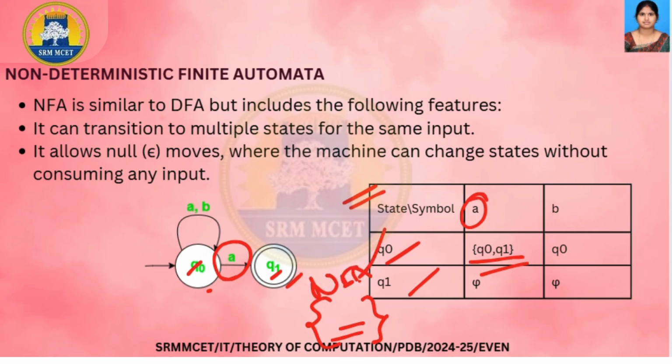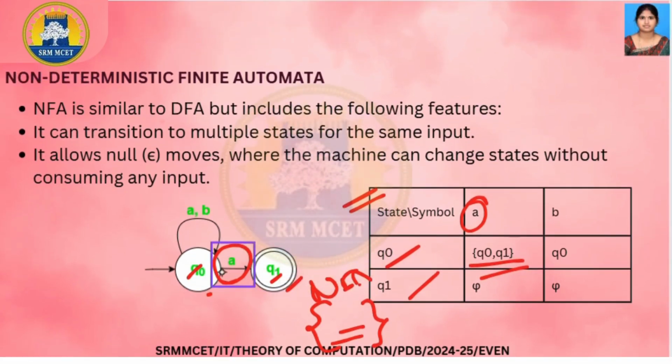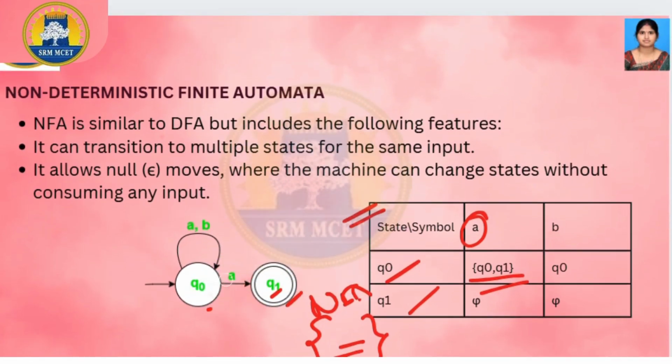Q0 using the input B transits to Q0 itself, and Q1 using A has no transitions, so we write it as the null function. Likewise, Q1 using the input B has a null transition, so we have written it as null.